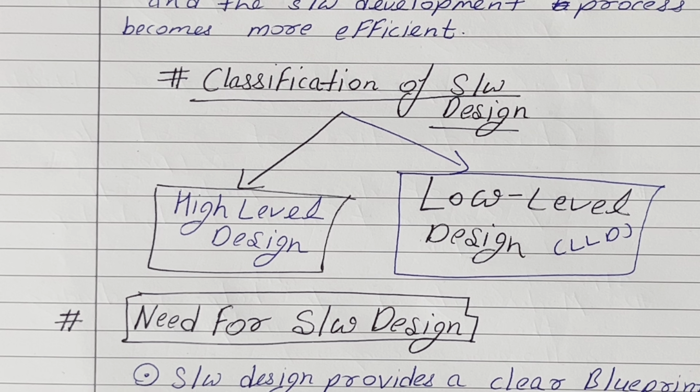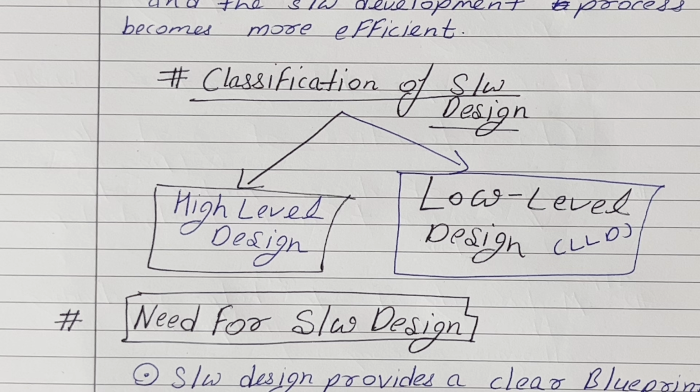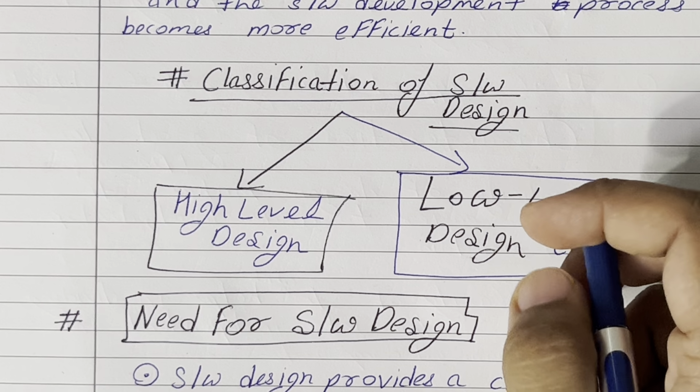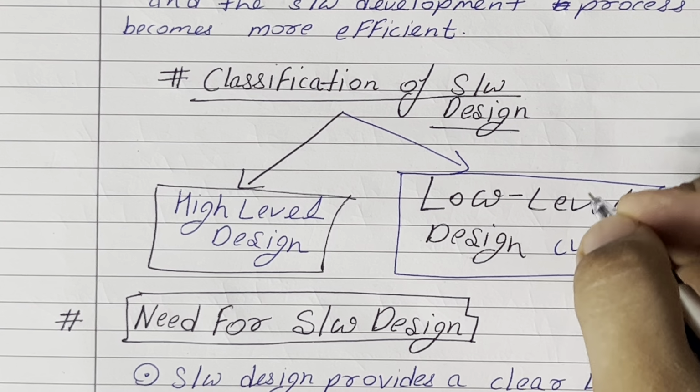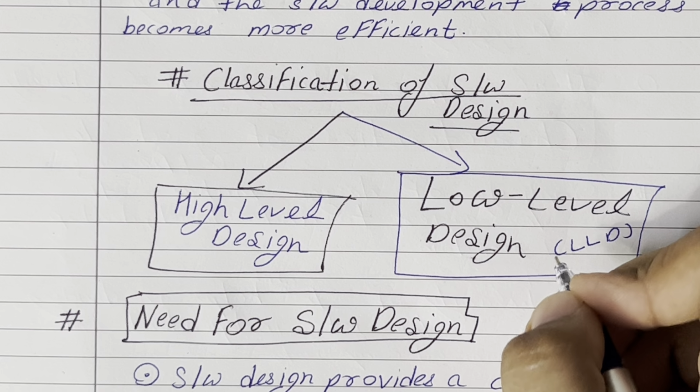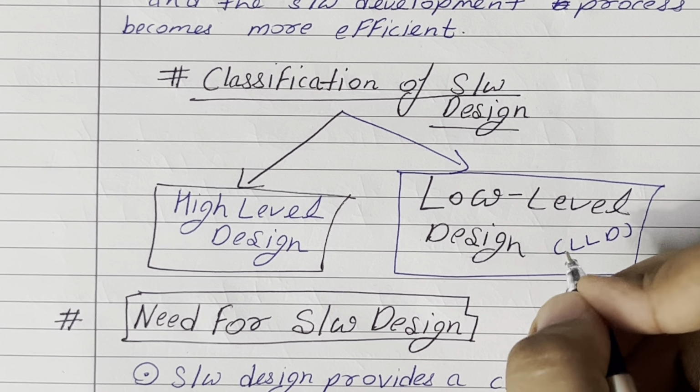As we know, high level design provides a broad overview of a software system, but it does not explain how each module will be implemented. Therefore, software engineers prepare a low level design to describe the internal details of every module in a systematic and detailed manner.